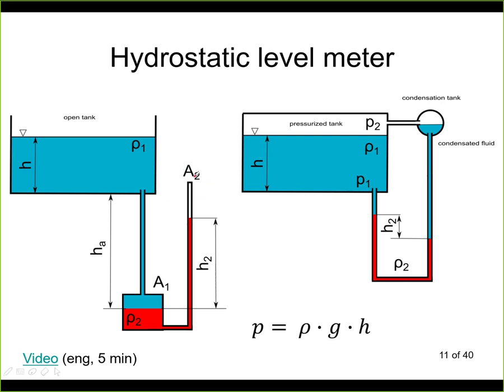Here we measured the pressure difference between the tank bottom and the barometric pressure of the air. But here we need to measure the difference of pressure between the bottom and above of the tank. So here we need to have a second tap for pressure above the liquid level on the very top of the tank, and this is the pressure gauge.